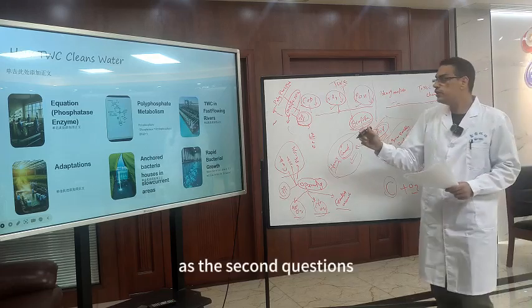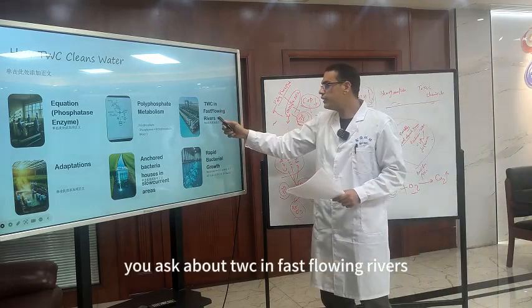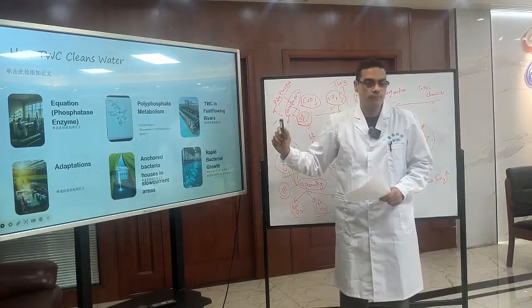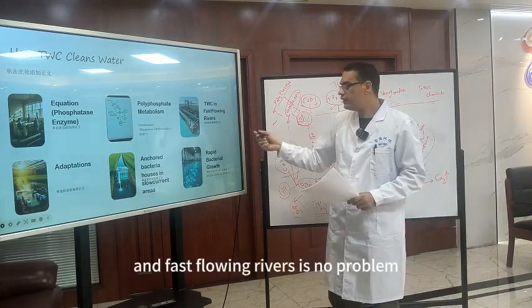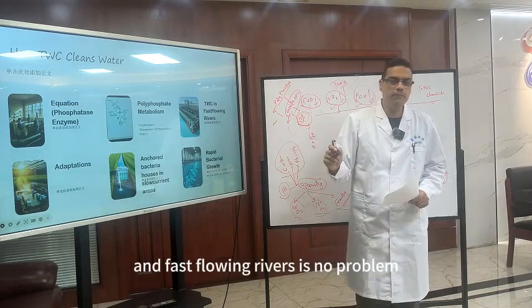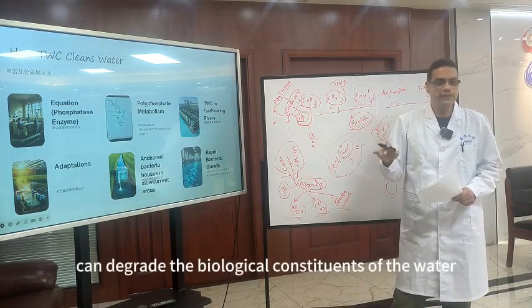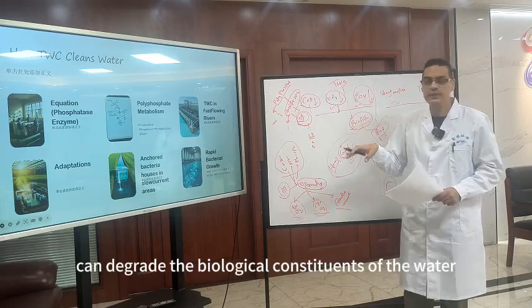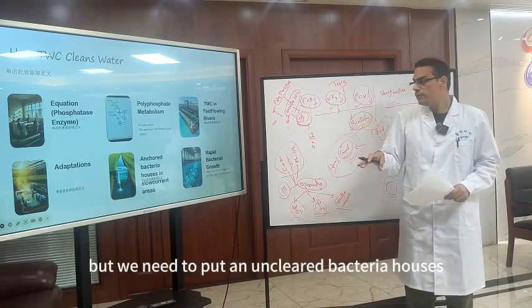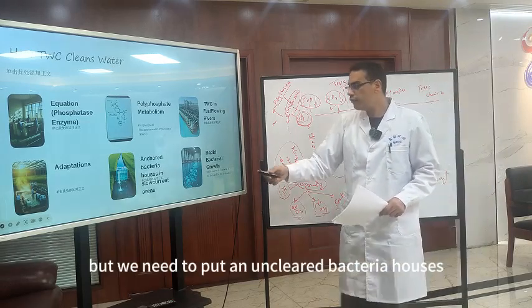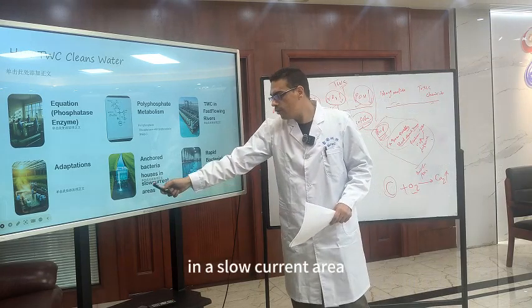The second question you asked is about TWC in fast flowing rivers. In fast flowing rivers, no problem. The TWC biofilm can degrade the biological constituents of the water, but we need to put anchored bacteria houses in a slow current area.